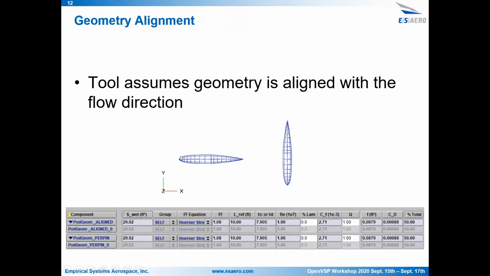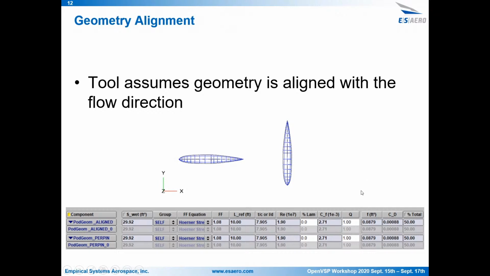It assumes that pods and wings are aligned with the flow direction. So I just put two different pods into a particular model and ran them through the parasite drag tool, and you can see here they come up with the exact same drag contribution. There's no deriving or inferring the pod orientation angle.